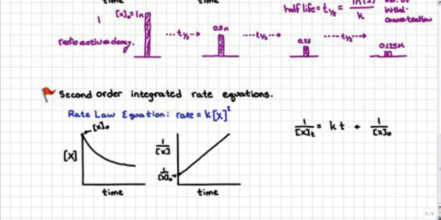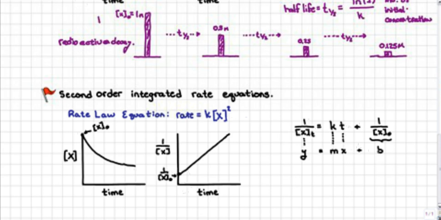This is an equation that also fits the pattern of slope-intercept, where 1 over [X]t is actually the y in this case. k in this case is the value of m, and note that it's a positive k in this case. Previously, for zeroth and first order, the k had been a negative value, but in this case it's a positive value. t relates to whatever x happens to be, and then this entire reciprocal of the initial concentration of X becomes our y-intercept, and that was actually indicated on the graph at left.